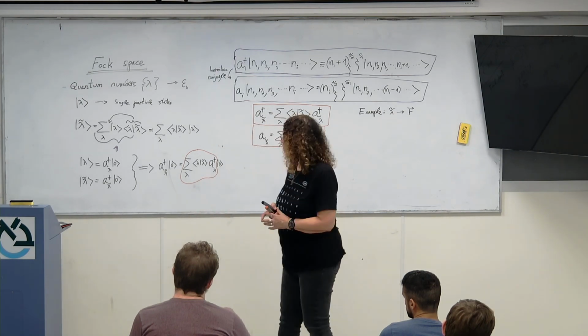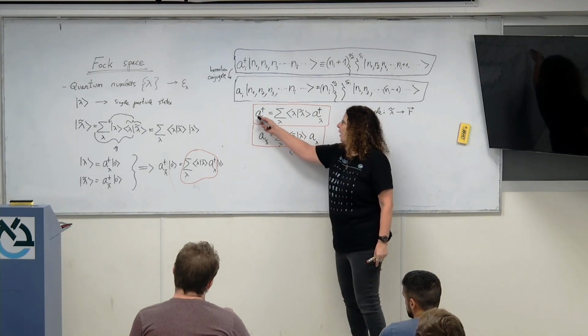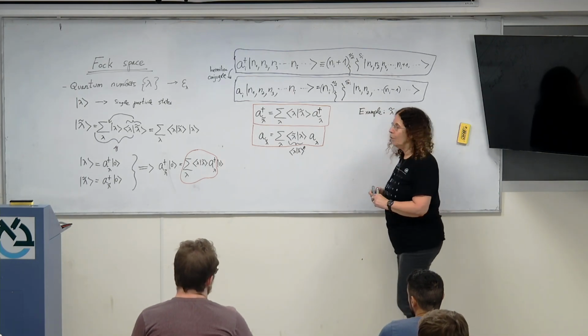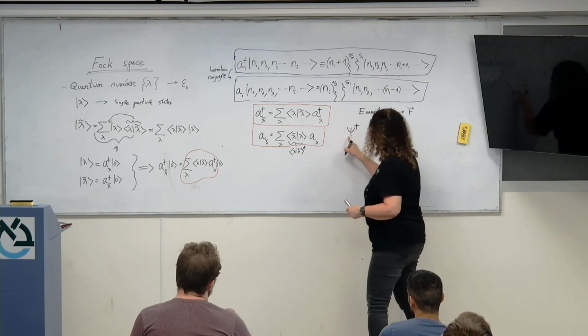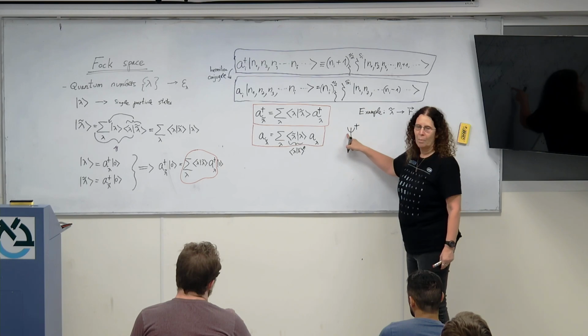So here we do the same. Instead of defining A dagger and A of R, with an index, we define field operators, which in the literature you denote by psi and not by A, okay?